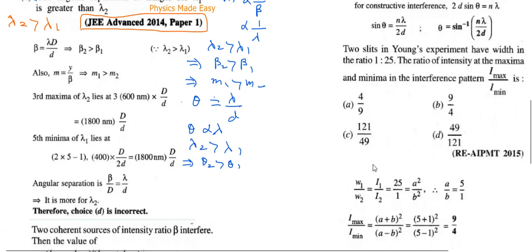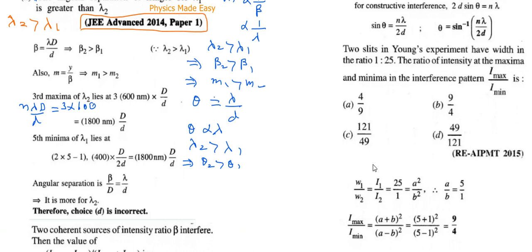For this particular part, the condition for maxima is n lambda D by d. Now, n is given to be 3, lambda is 600, and D by d is going to remain the same.